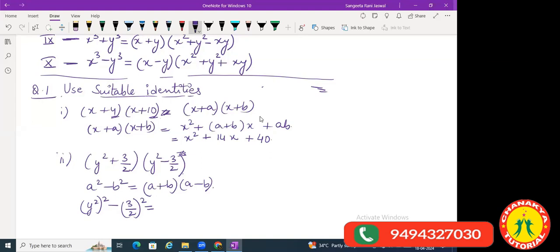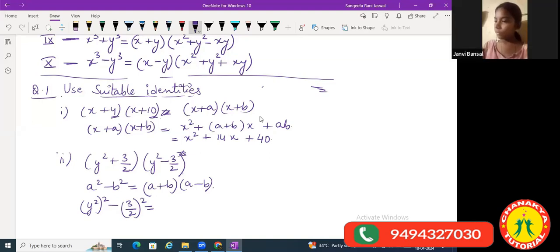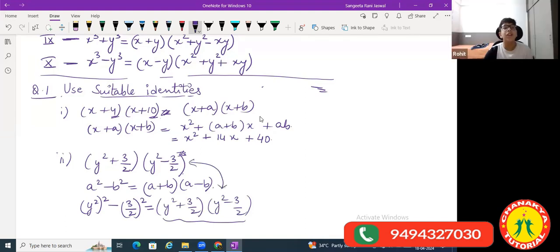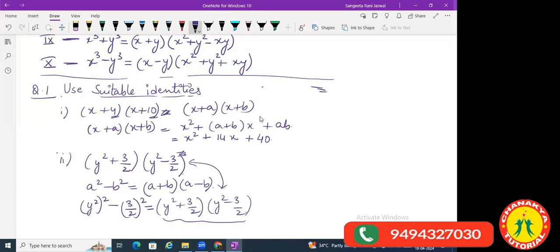Yes, children? Yes, ma'am. So we get the above thing here. So we don't need to write this because this is already given here. Ma'am, why have you written y square raised to 2? See this. This is a square. The identity is a square minus b square.